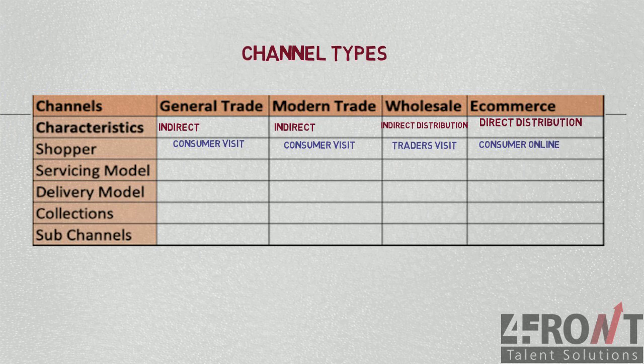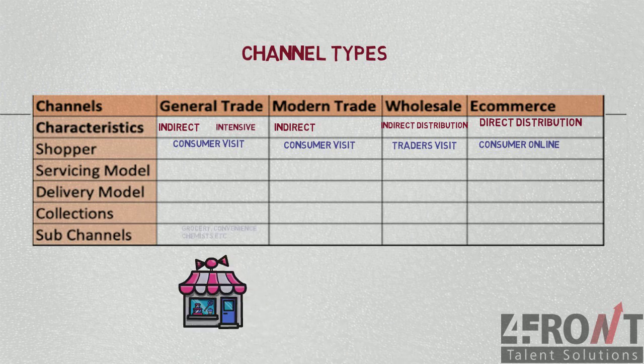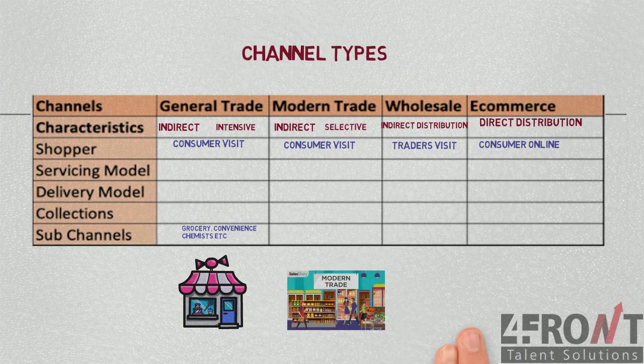General trade can be intensive distribution across different sub-channels, grocery, convenience, chemists, etc. Modern trade may be more selective, and the presence of the product can be only in select stores like the hypermarket, supermarket, or the self-service stores.